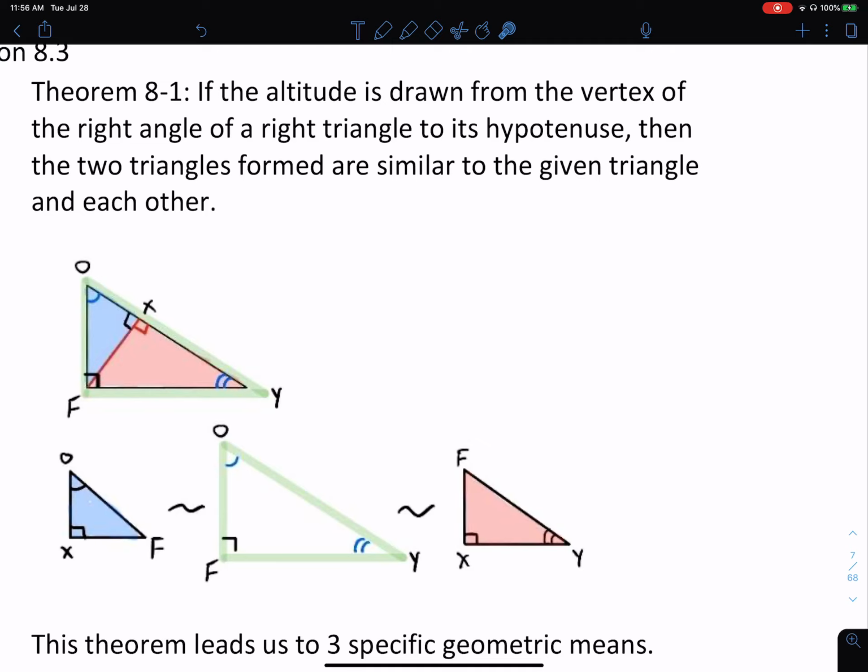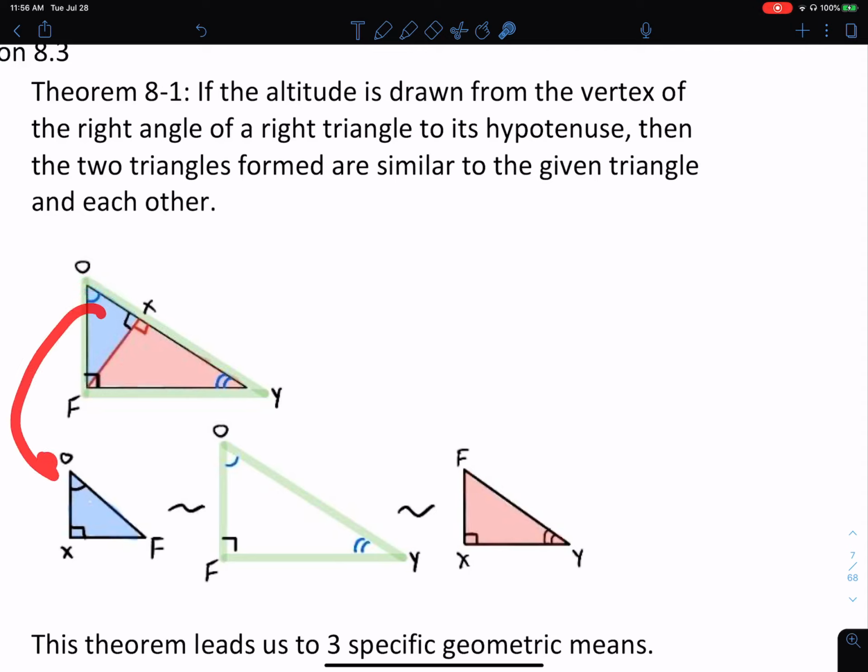Now, if I redraw triangle FOY right here in the middle, it's got a one-arc angle, a two-arc angle, and a 90 degrees. If I look at the blue triangle here, what does it have in it? For sure, it's got a one arc and a 90.